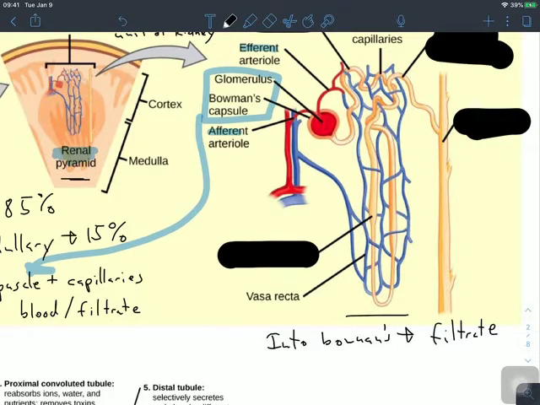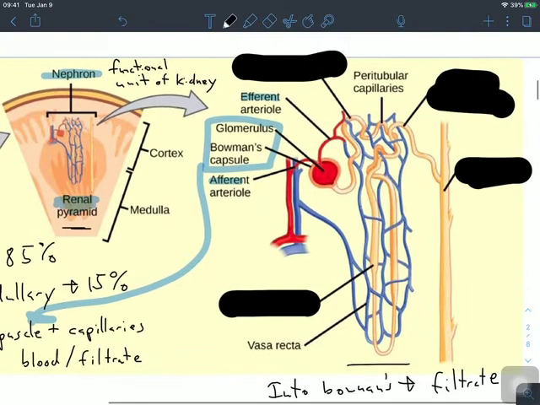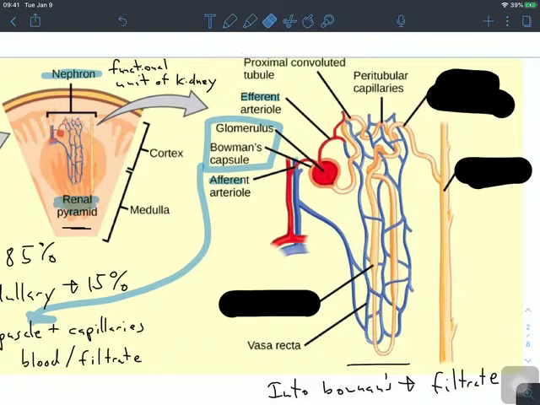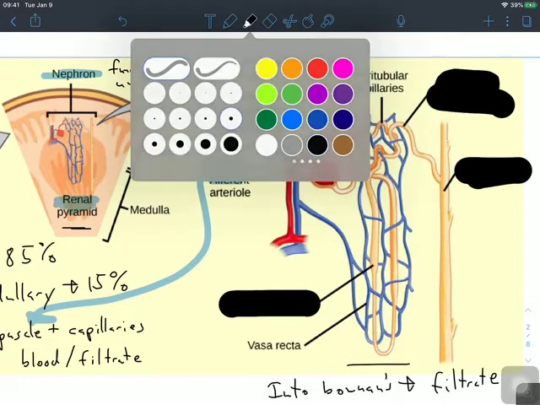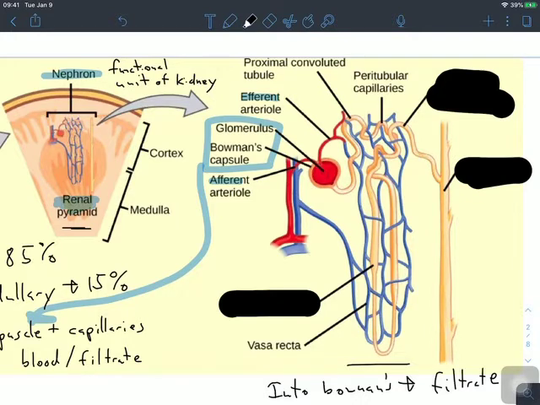After the filtrate leaves the Bowman's capsule, it goes into the proximal convoluted tube, and then, let's see if I can grab a highlighter to illustrate this. It'll be filtered here in the Bowman's capsule glomerulus, the renal corpuscle. It then gets transported along this proximal convoluted tube, and proximal means close side.